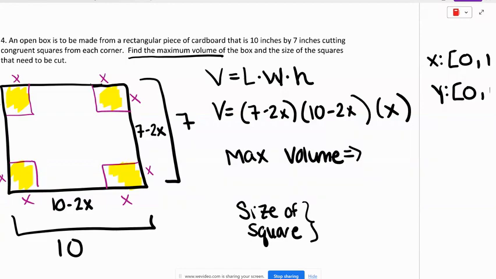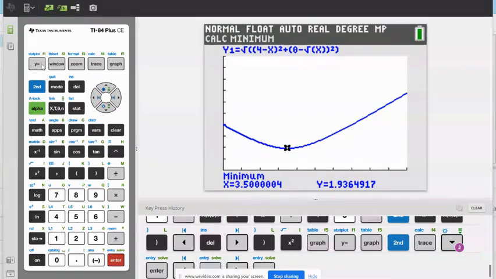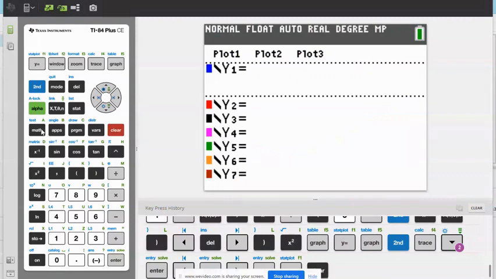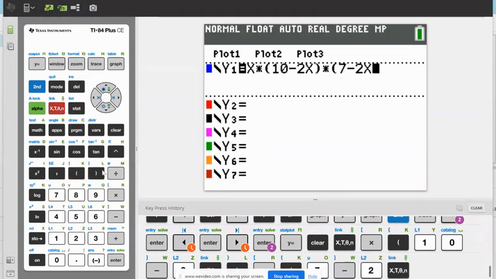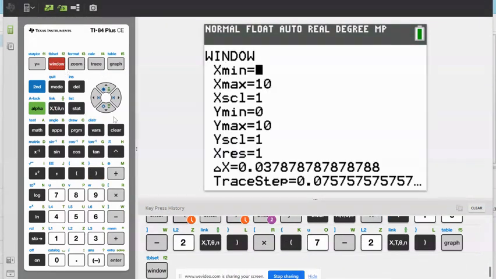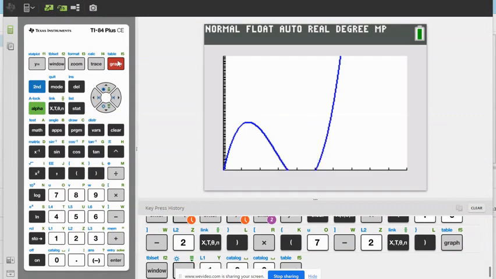All right, let's go to our calculator. All right, this is what it should look like.